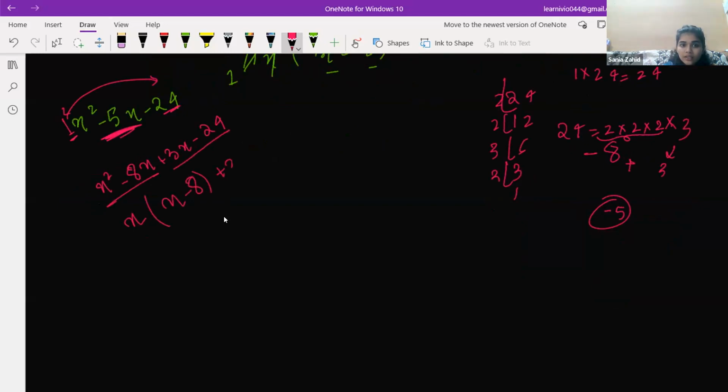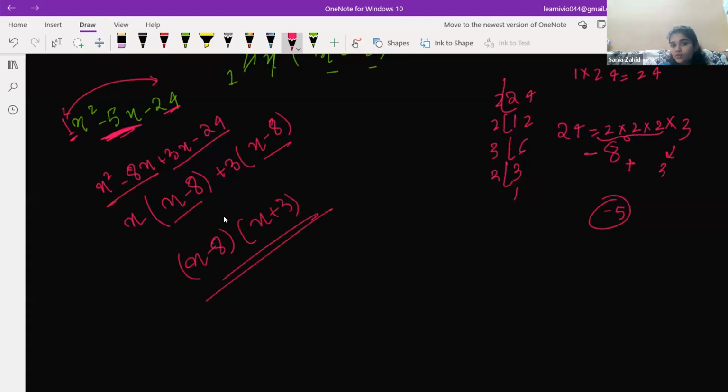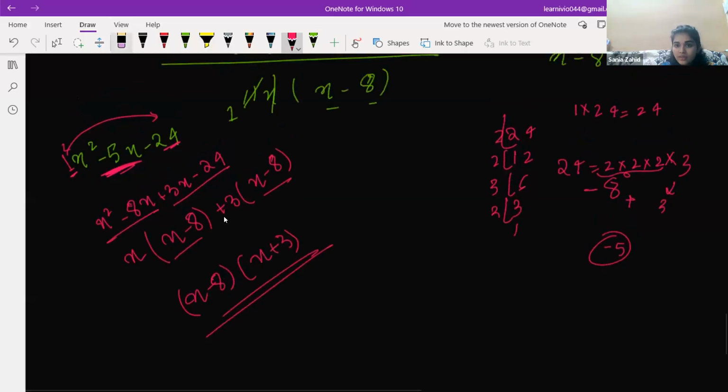Here I take 3 common, and x minus 8 will be left. So can I take x minus 8 common? I will have x plus 3 left. So the factors of x square minus 5x minus 24 are x minus 8 and x plus 3. Is this method clear?